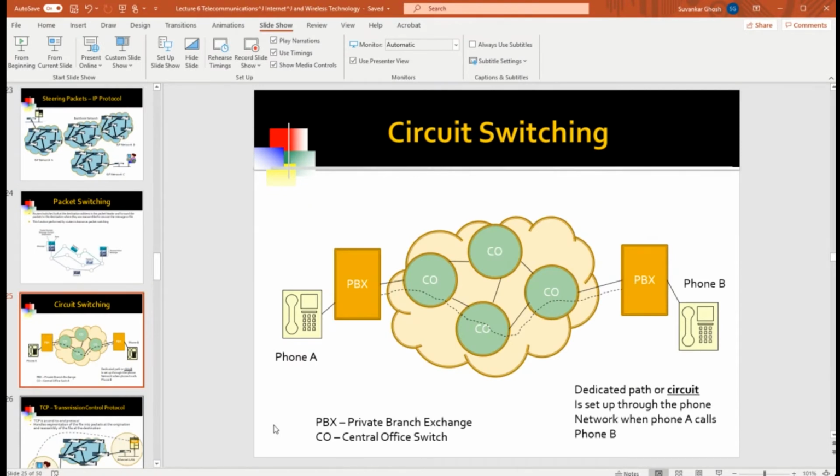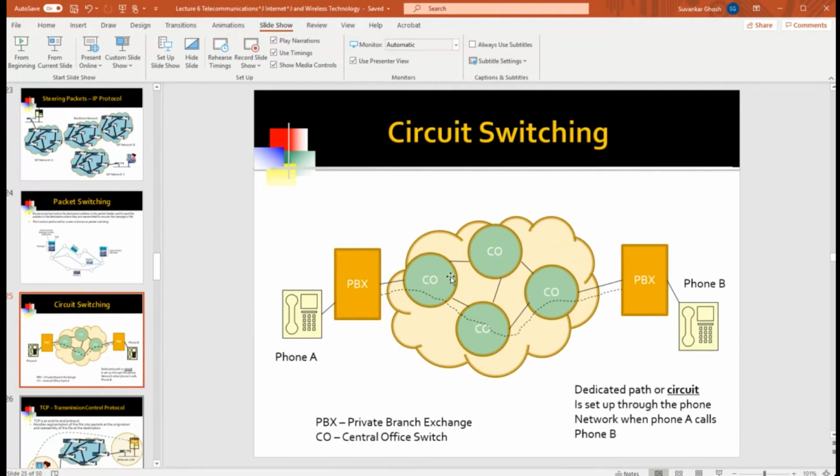Now, the voice network, the telephone network, does not operate according to packet switching. It operates according to circuit switching. What that means is when you pick up your phone and you want to talk to your friend somewhere else, maybe in some other city, the PBX is going to recognize that, and it's going to then ask the central office switches.